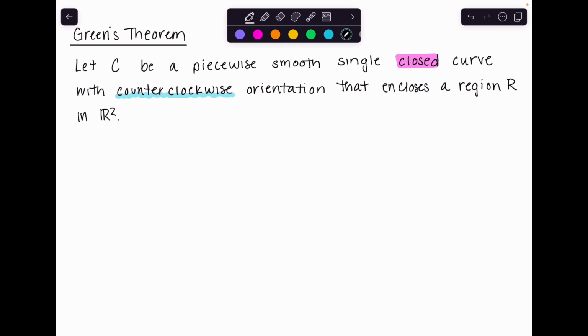So what we can do, instead of evaluating on the boundary, is be concerned with the region that it encloses.